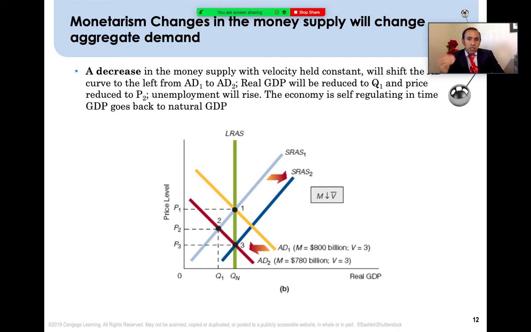The monetarists believe that the economy is self-regulating, and in the short time transition process from short to long run equilibrium, the economy goes back to equilibrium. Here at lower prices, the self-regulating mechanism kicks in, and the supply of goods increases due to the flexibility of prices and the flexibility of wages.